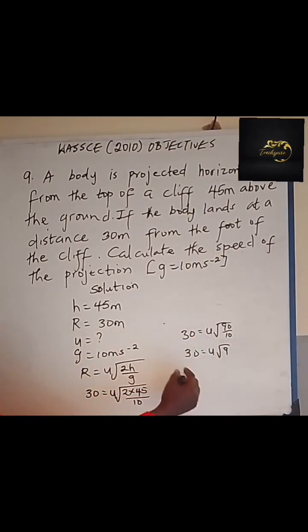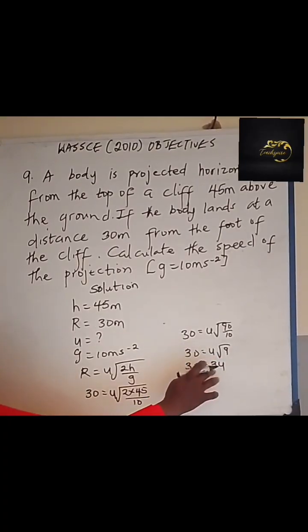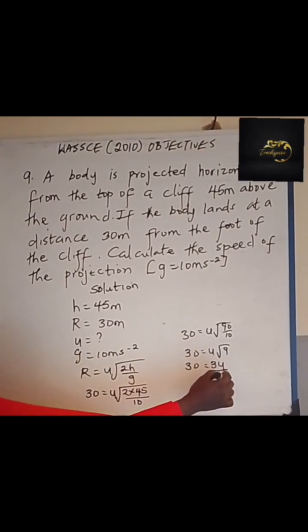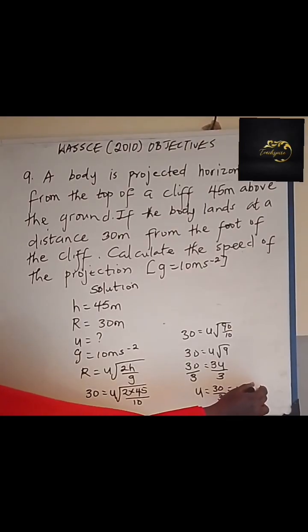Square root of 9 is 3, so we have 30 equals 3u. We're looking for u, so we divide both sides by 3, and u equals 30 divided by 3, which equals 10. Don't forget to put the unit of speed, which is meter per second.